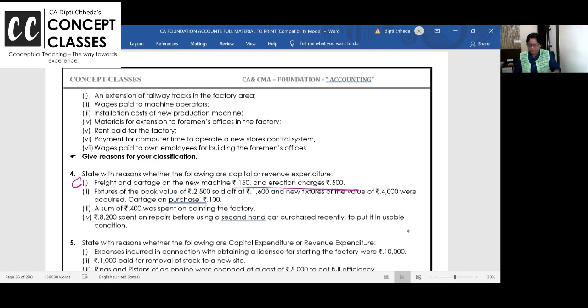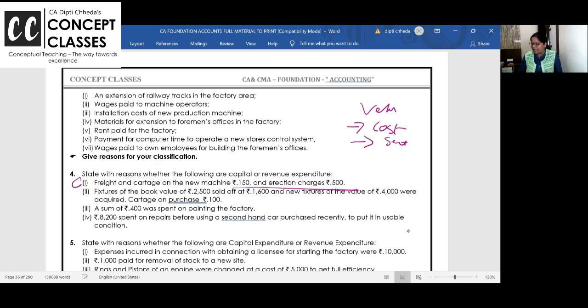Right. Now there's an argument, yes. Many times students ask me, when I say whatever expenditure you have incurred till you purchase the asset, you capitalize. That is true. But many times when we purchase a vehicle, they add seat covers and all in the cost of the vehicle.